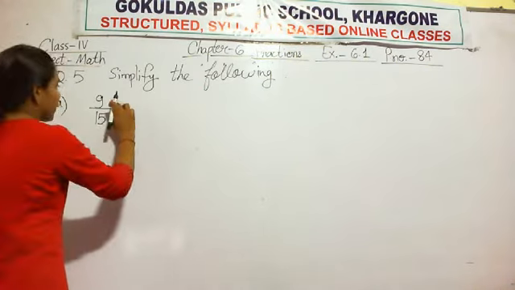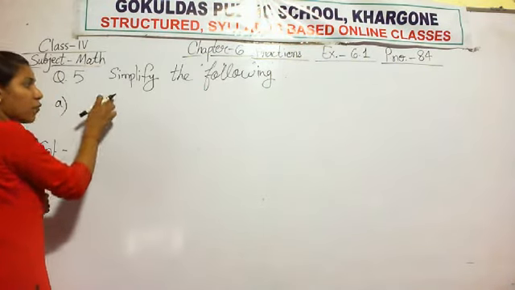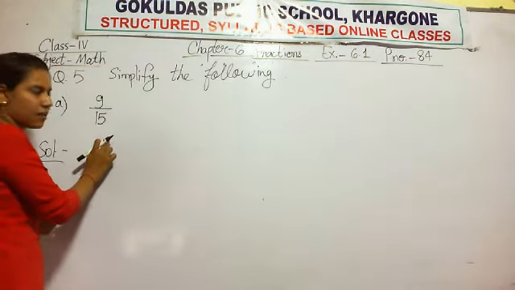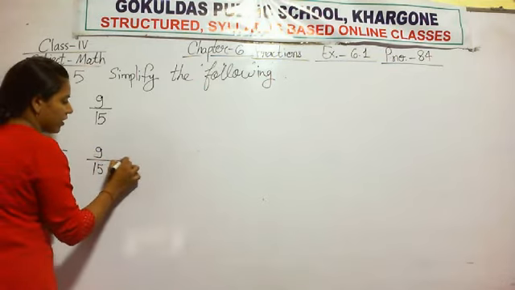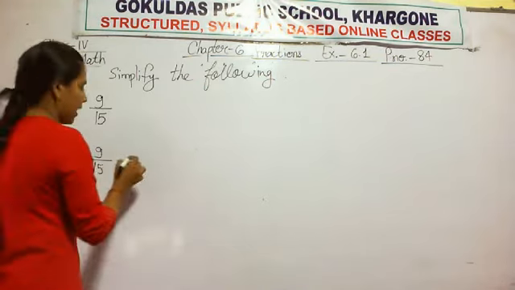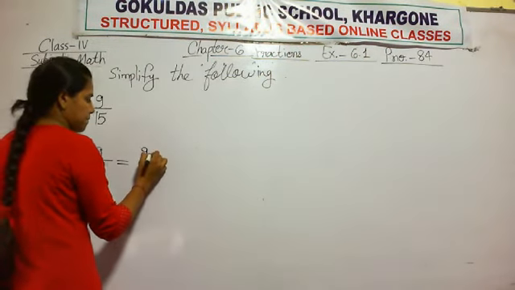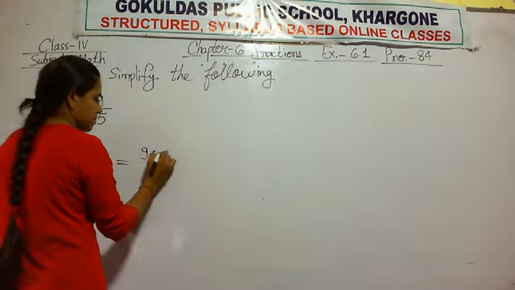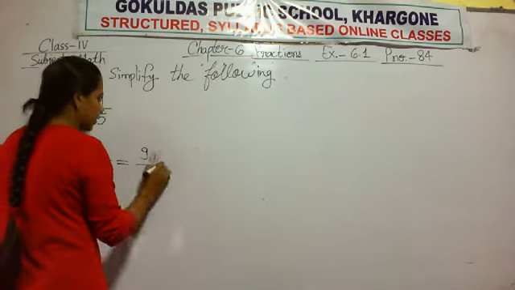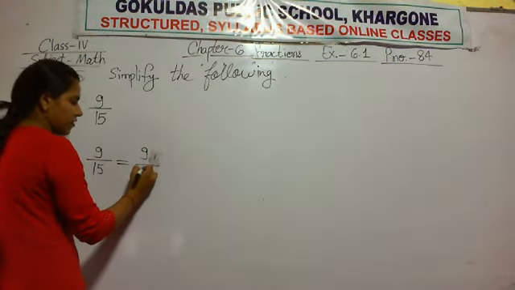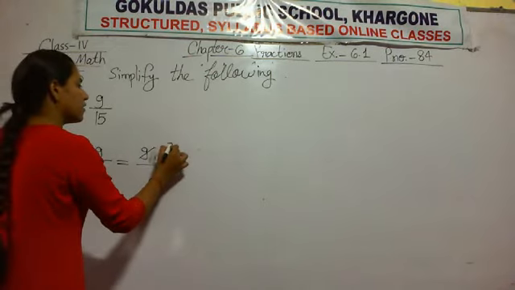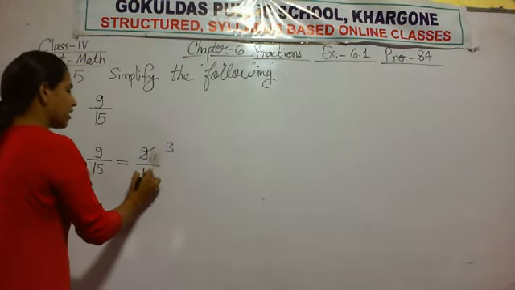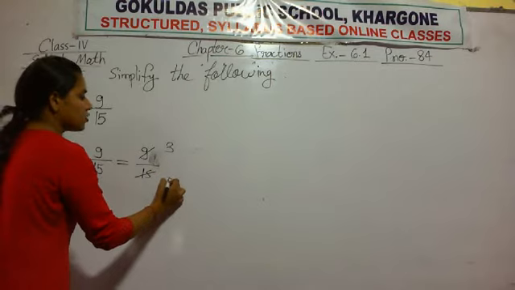Here both are odd numbers and both are divisible by 3, so I am dividing both by 3. If I divide 9 by 3, my answer will be 3. If I divide 15 by 3, my answer is 5.